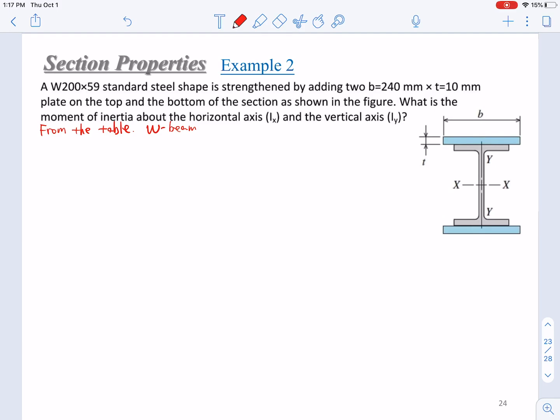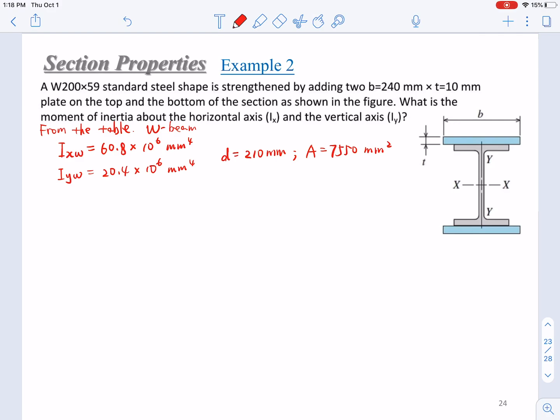For this one, let's call it Ix wide flange, W. This is 60.8 million millimeter to the fourth, and Iyw is 20.4 million millimeter to the fourth. And we have also found that its depth D is 210 millimeter, and its area is 7550 square millimeter.